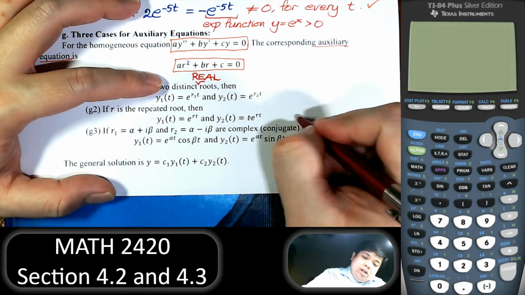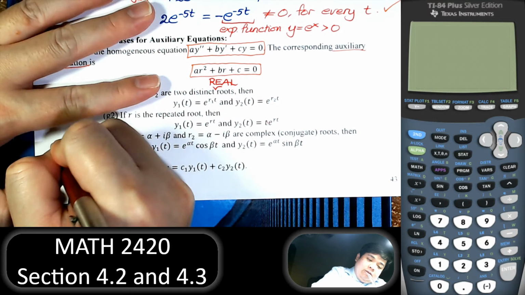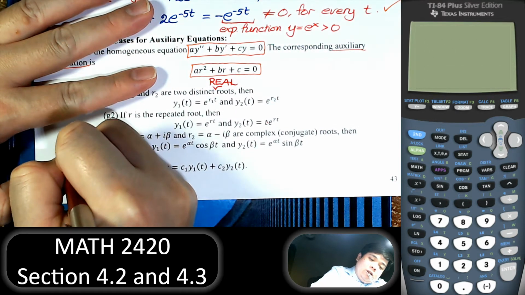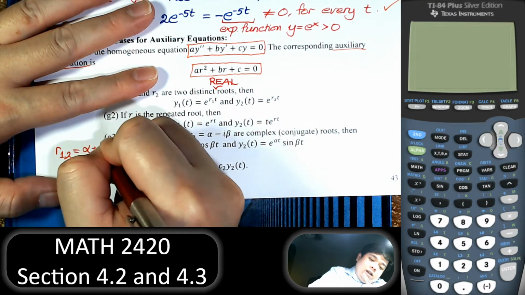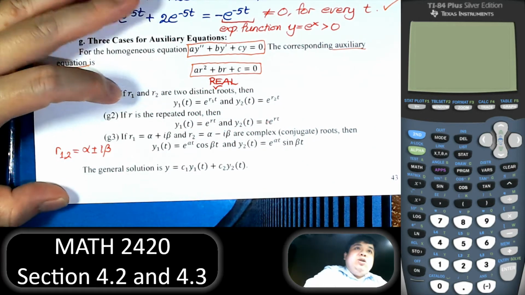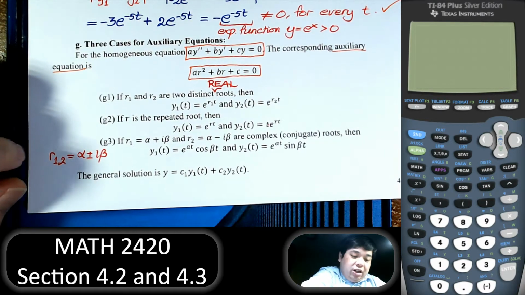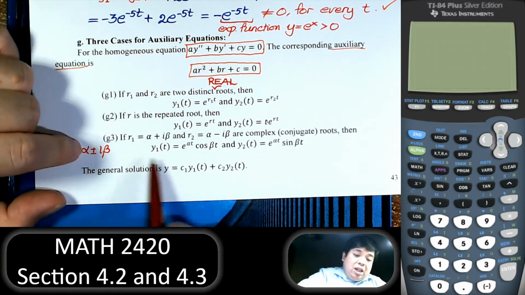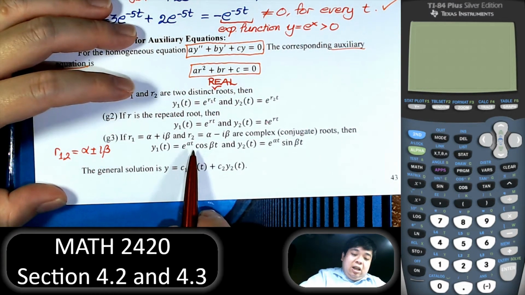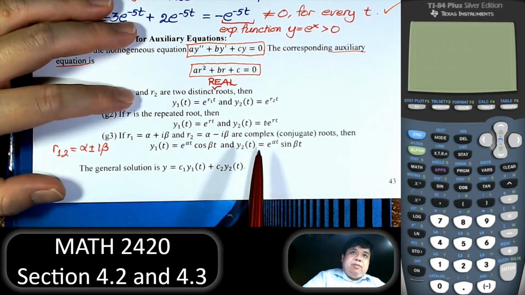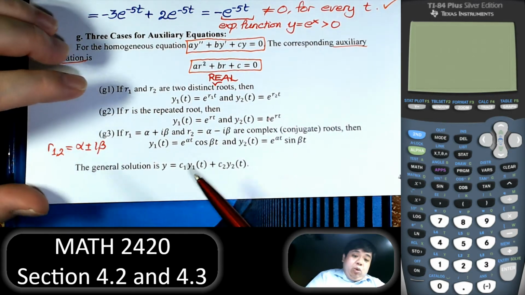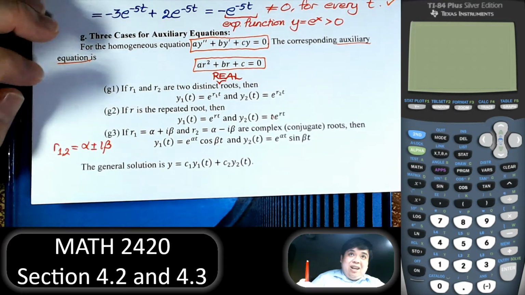Usually we just say r1,2 equals alpha plus or minus i times beta. So the solution can be written in this form: e to the real part times t, and cosine and then sine for the imaginary part.